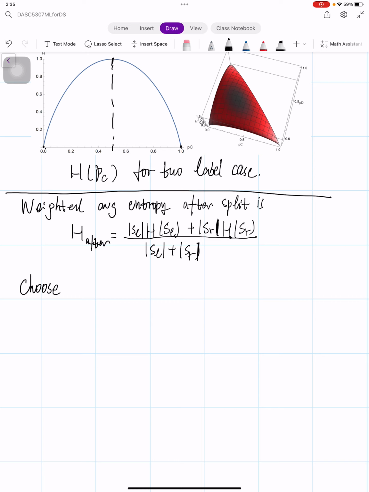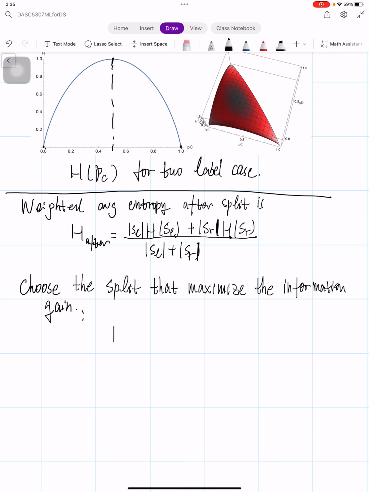Okay, and we just choose a split that maximizes the information gain, which is defined by H S minus H after.